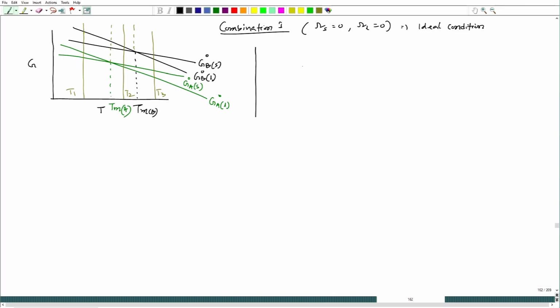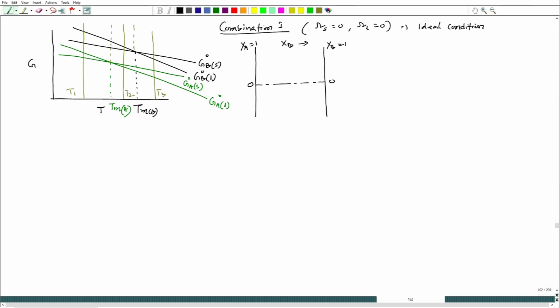So, at T1, if I try to draw, this is 0 0, and x b is varying this way for all the curves. B is on the right side, please understand that, and this is x b equal to 1, the pure metal B side, and this is x a equal to 1, the pure A side. Now, we have to see the stability.